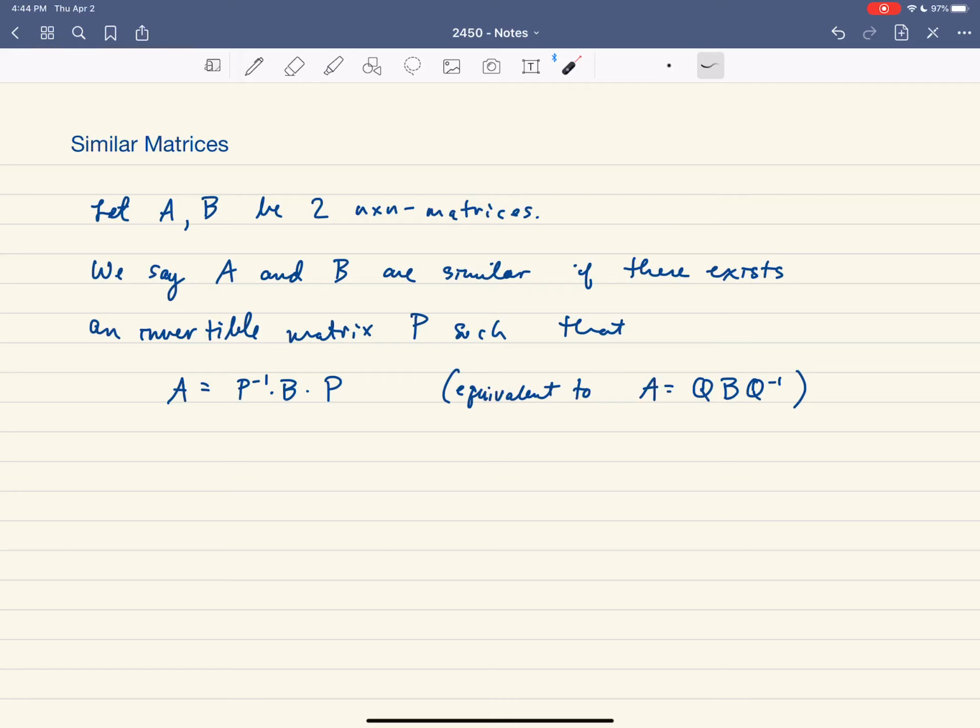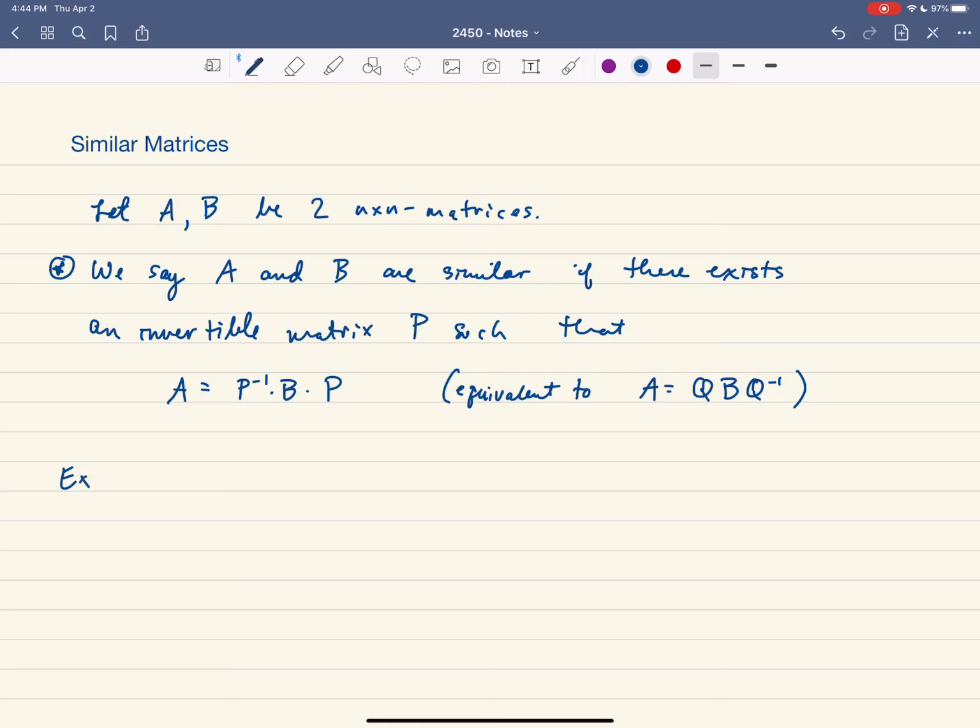I put it on the left because that's what the book does. But really, they're the same. If Q is equal to P inverse, then Q inverse is equal to P, and everything is the same anyway. So these are two trivially equivalent statements. So we say that A and B are similar if such a P exists, so that you can write A as P inverse times B times P.